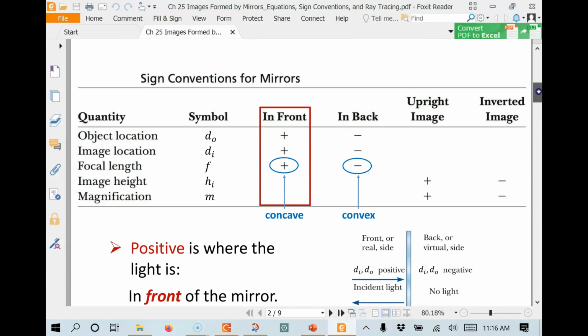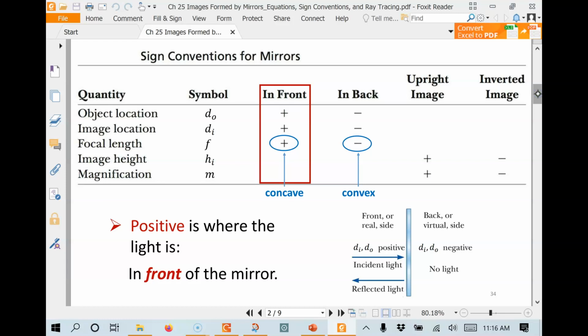The way this works is you have a front side and a back side of the mirror. If the object, the image, the focal length are on the front side, they're all positive. However, if they're on the back side, they're negative. And you'll notice a distinction between concave, where they're positive for these things, and convex, where they're negative.